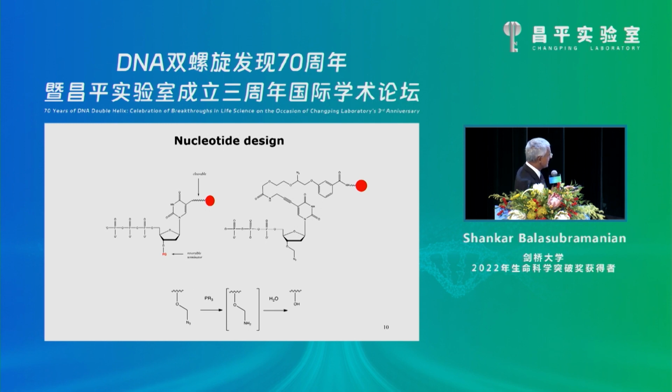And this can be done by modifying the non-Watson-Crick edge of bases. So this is a T base, so you can modify this position for T and also C. For G and A, we actually substitute N7 for a carbon, and then we attach the fluorophore there.